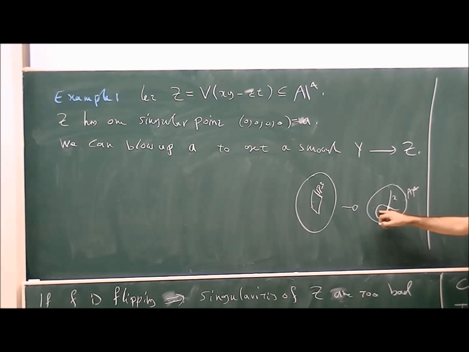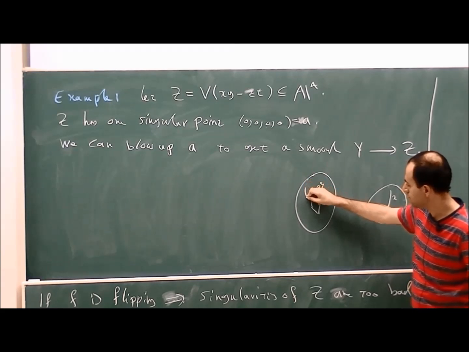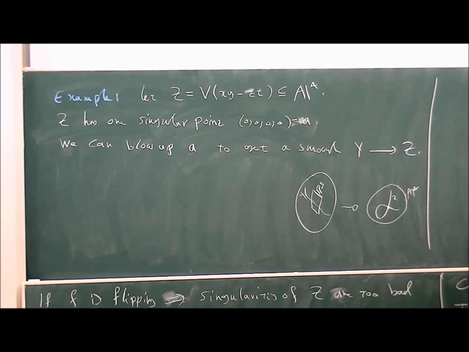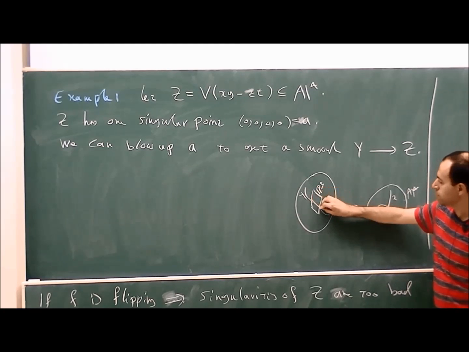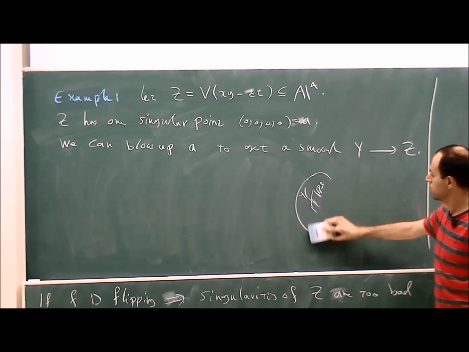And then you take the transform of Z and you intersect it with this, then you will get one. And the intersection here will be again a divisor contracted to a singular point Z. Anyway, these are all elementary.